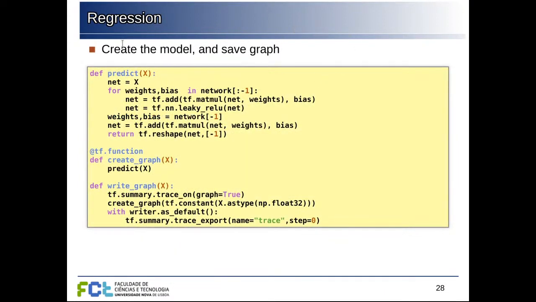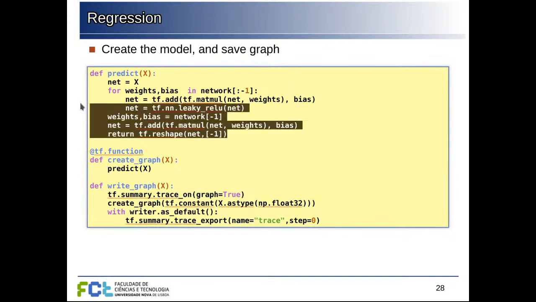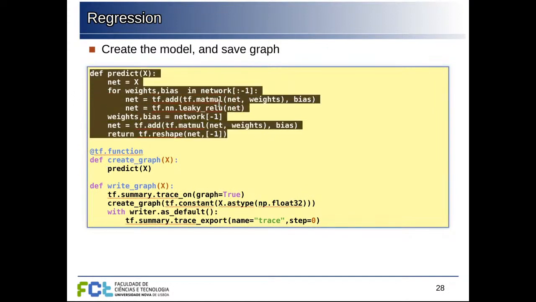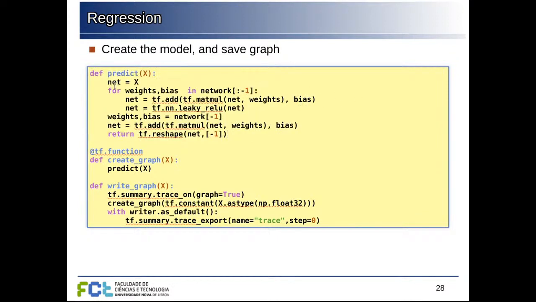Now we can, for example, save the graph with the model. We can create this prediction function. For this particular problem of regression, given a batch of examples, we're going to start from that as an input. We're going to go through our network.